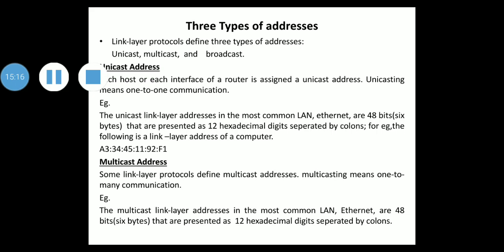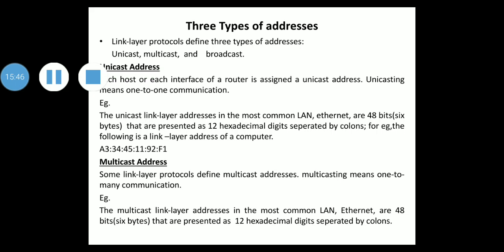For example, the following is a link layer address of a computer: A3:34:45:11:92:F1. You can see there are 48 bits, that is 6 bytes, presented as 12 hexadecimal digits separated by colons, 6 groups.